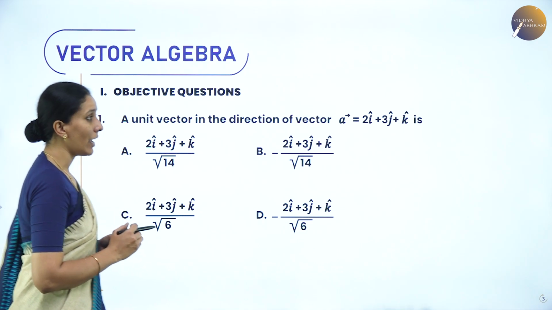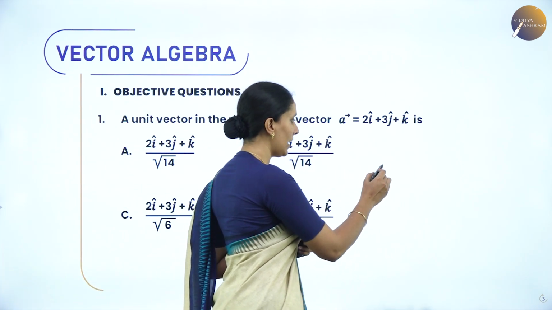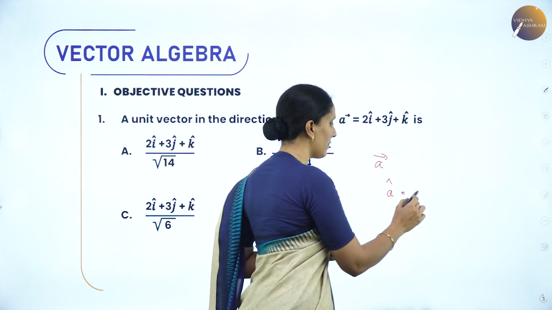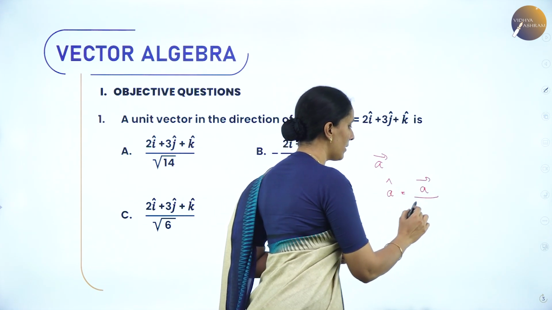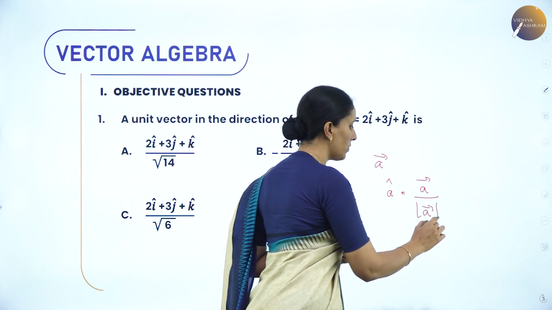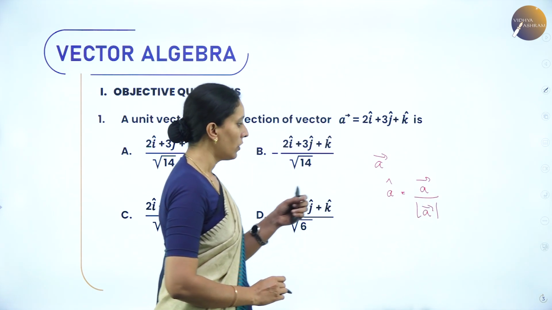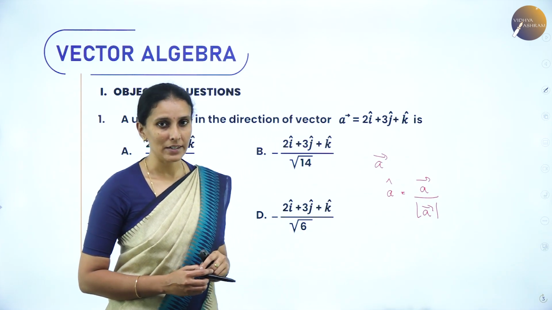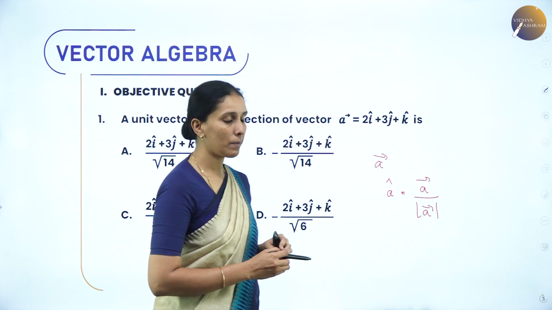Suppose we have any vector, that is vector A. Then unit vector A cap is given by vector A divided by its magnitude. So magnitude is nothing but the length of the vector, which will be equal to the square root of the sum of x square plus y square plus z square.